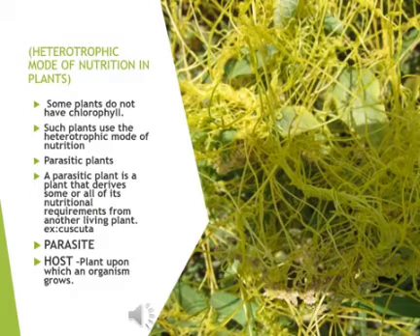A parasite is an organism that lives on or in an organism known as the host. In parasitic plants, these plants do not have chlorophyll, so they obtain food from the host plant, meaning the plant on which it grows. Now children, please repeat the spelling of the word parasite.